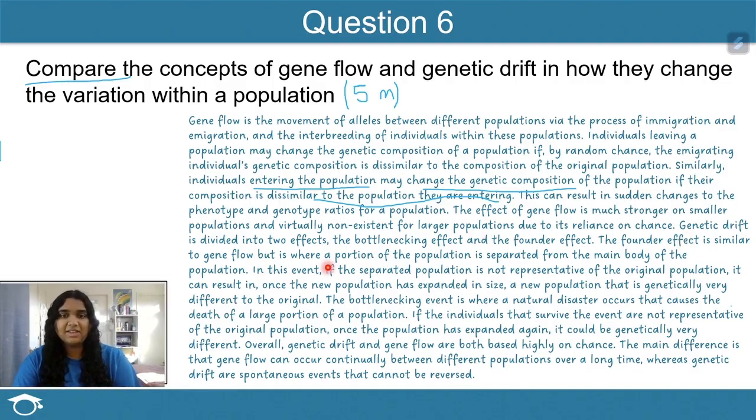In this event, if the separated population is not representative of the original population, once that new, smaller population has had a chance to interbreed and grow in size a little bit, it can result in a new population that is genetically very different to the original.